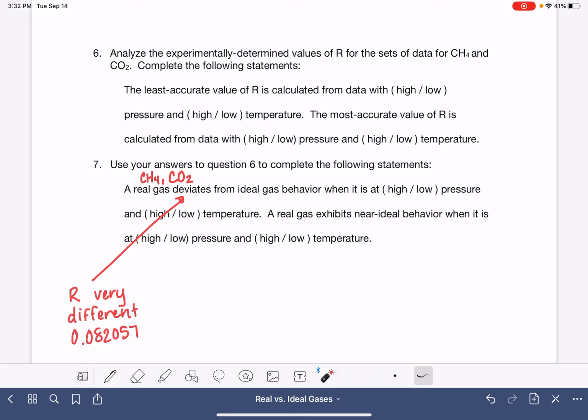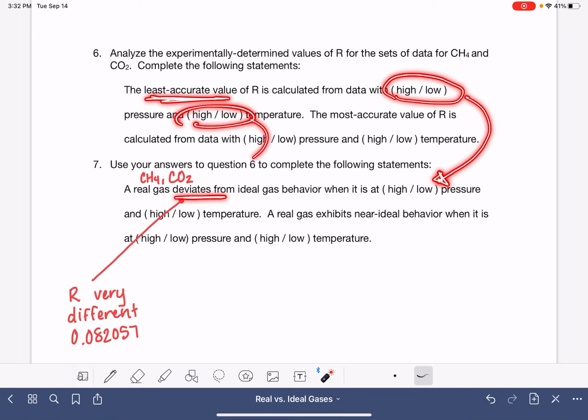So if it's deviating from ideal behavior, that's going to be reflected by this R value being calculated to be very different from what we would expect it to be. So we're looking for deviation, which corresponds to the least accurate R value. So whatever you've circled here, that's what you're going to circle down here, and the same thing for this.